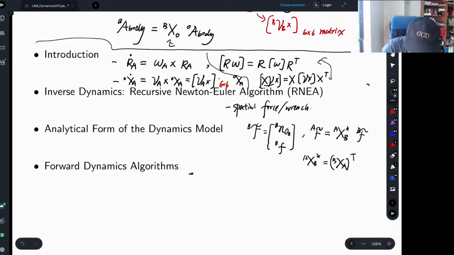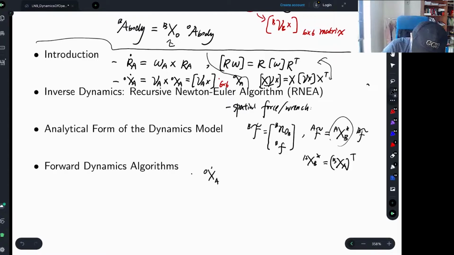And whenever you do the force spatial cross product, let's just introduce the spatial cross product for force. In this way here, let me use A0 as the inertia frame, okay?